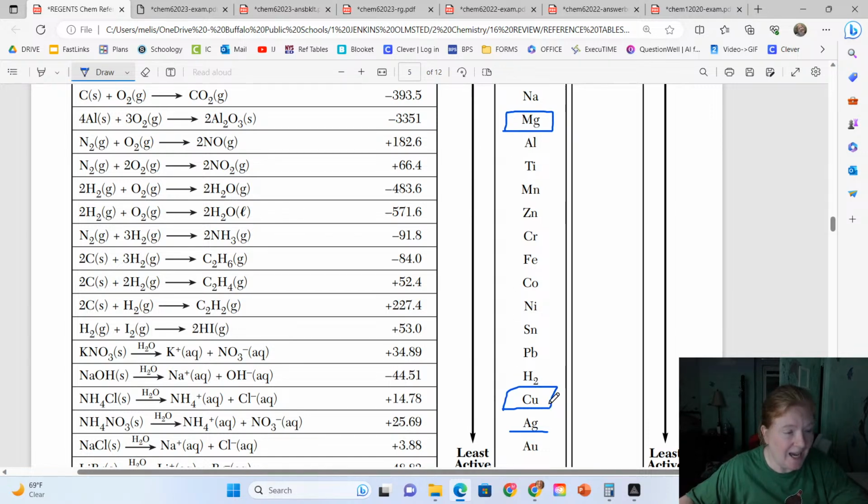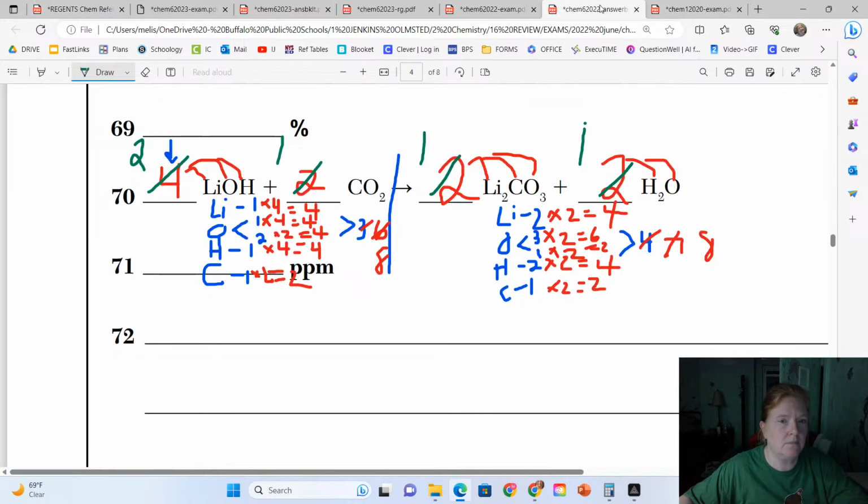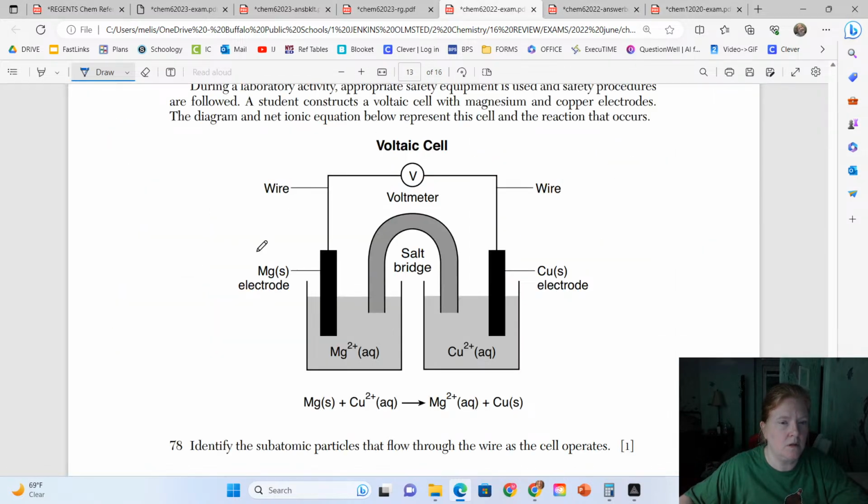Which one is higher? The rule is the higher metal is always negatively charged. So this will have a negative charge, and this will have a positive charge.